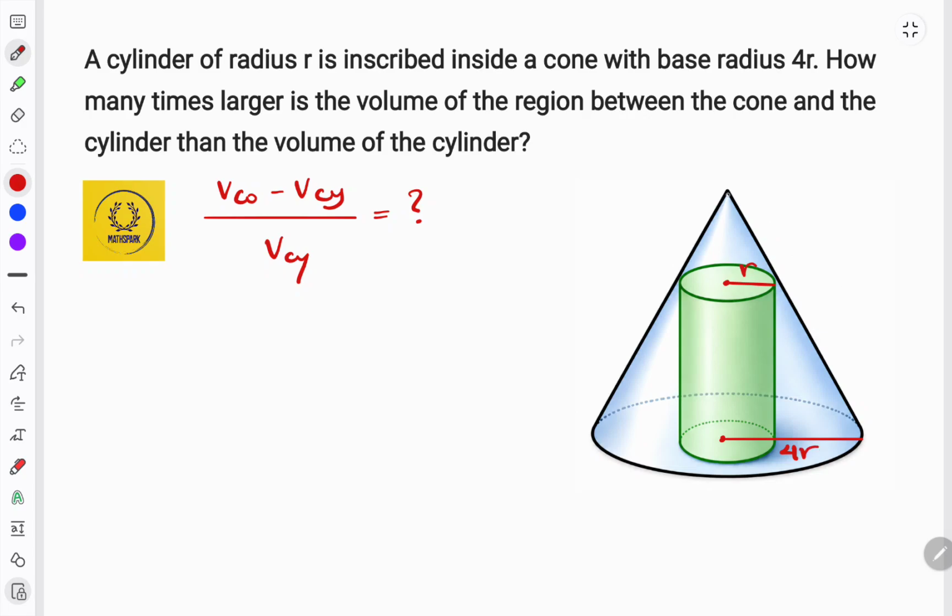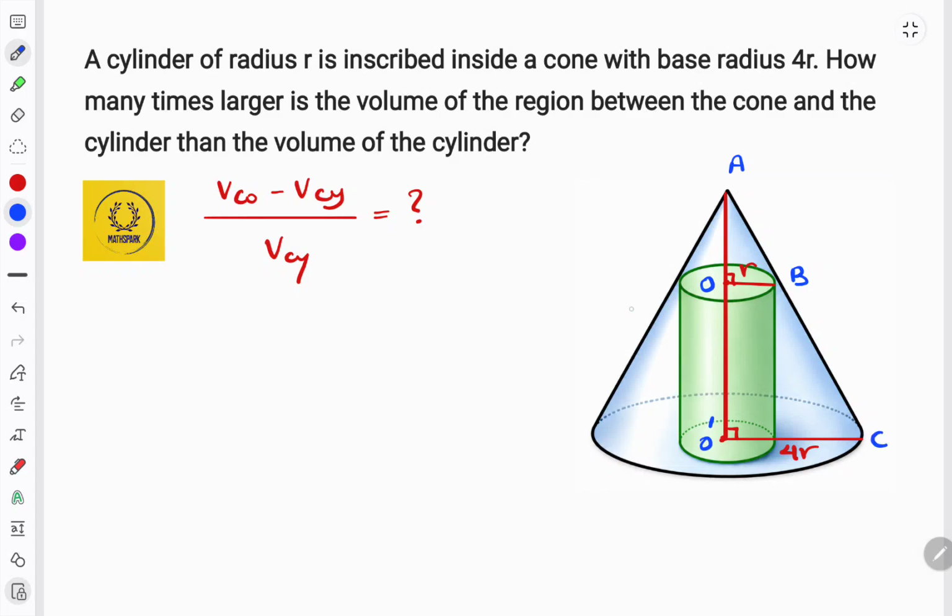And now I'm going to draw the height of the cylinder and the height of the cone, which is perpendicular to the base of cylinder and cone. I'm going to call these points A, O, B, O prime, and C.